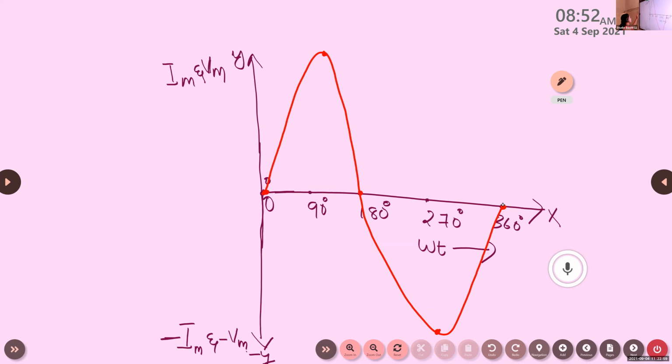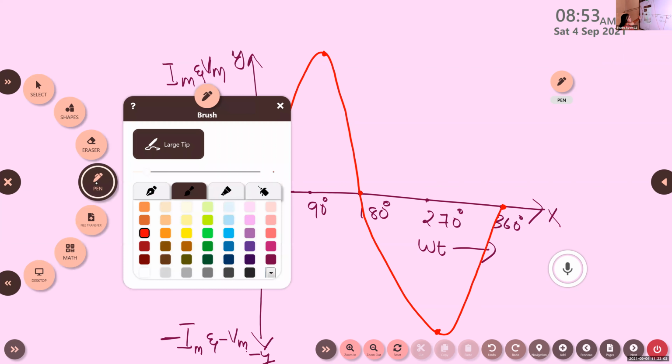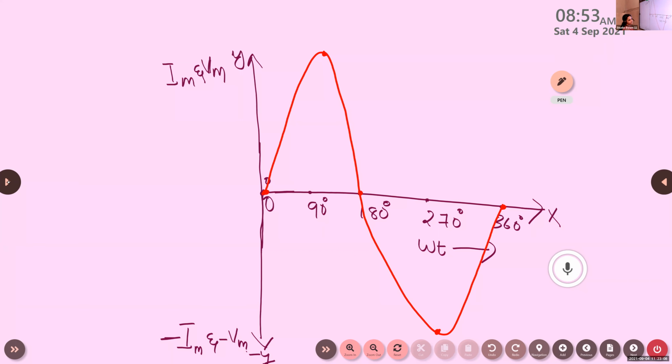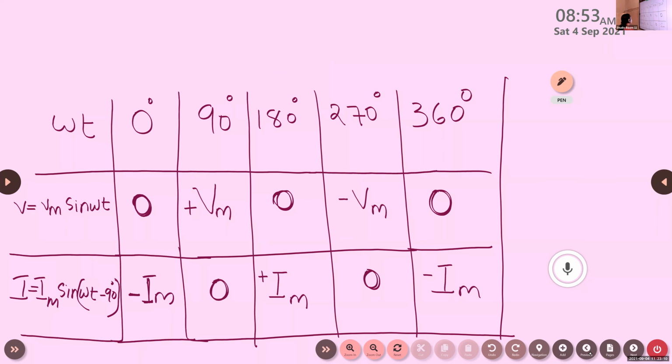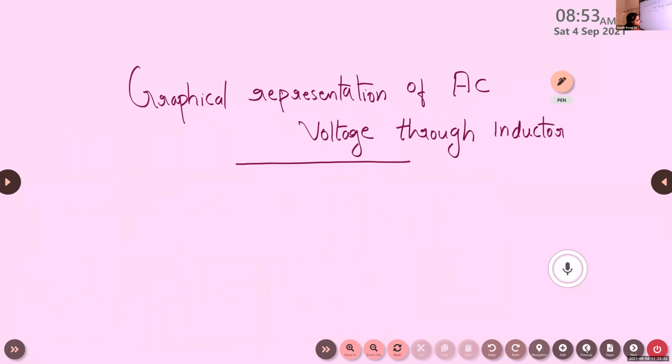Similarly, we can draw the graph corresponding to the value of current. In the case of current, it is starting from negative Im, because if omega t is equal to 0 degree, the value of the corresponding alternating current I is equal to negative Im.